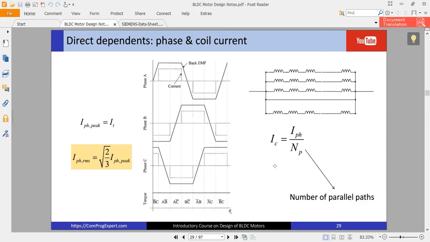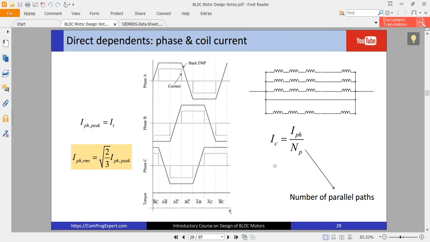And what about the coil current peak value and RMS value of coil current? It depends on the number of parallel paths. As you know, depending on the value of line current, we use a number of parallel paths in the winding to reduce the diameter of the wire, or to reduce the skin effect.